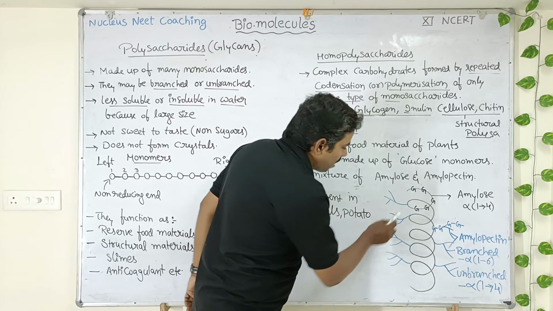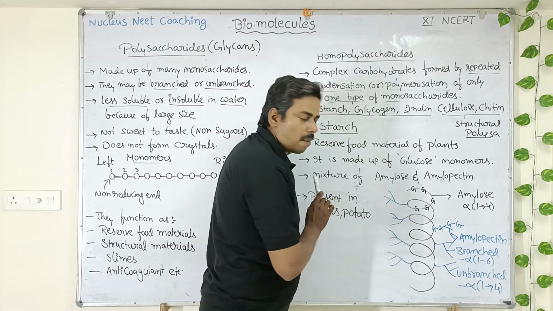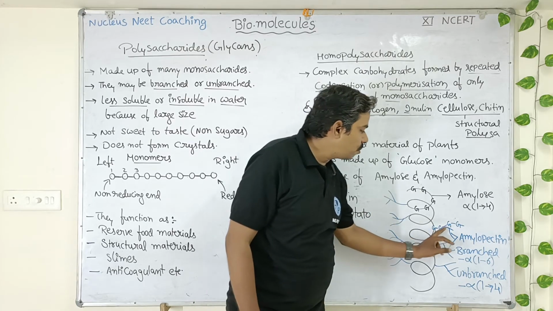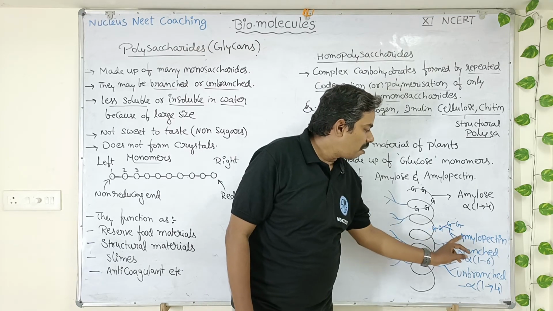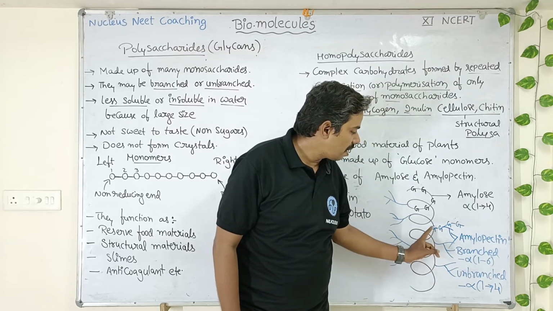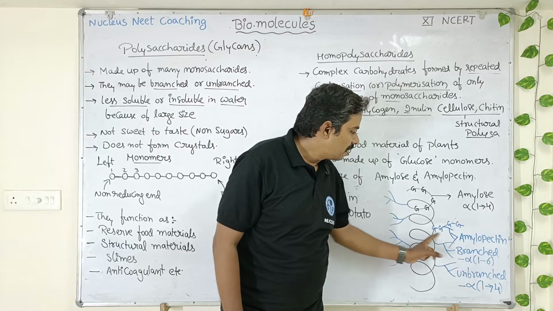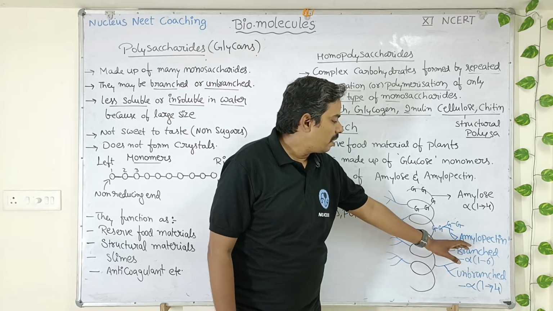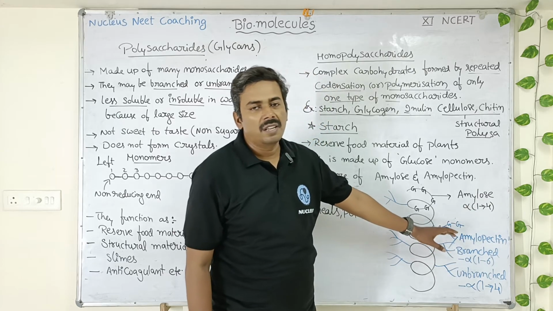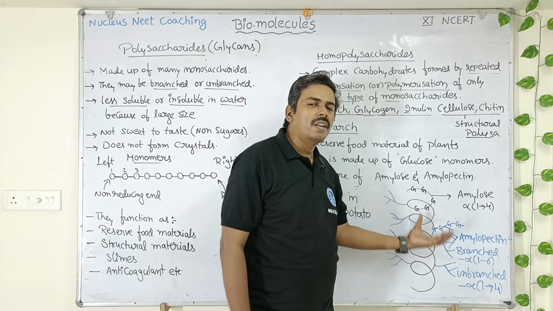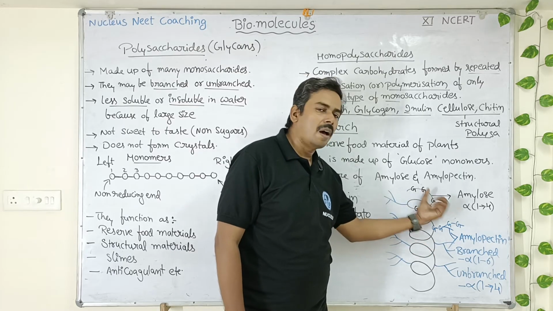Attached to this spiral of amylose, we can see several branches of glucose molecules. They are called amylopectin. These branched chains of glucose arising from the main helix are called amylopectin chains. Amylopectin will be about 80% in the structure of starch and only 20% will be amylose.